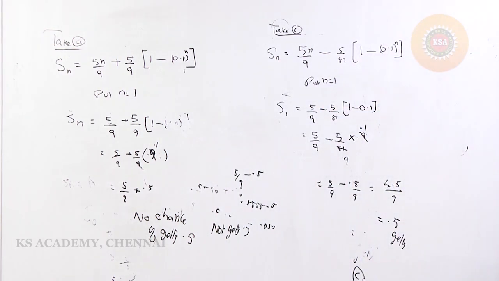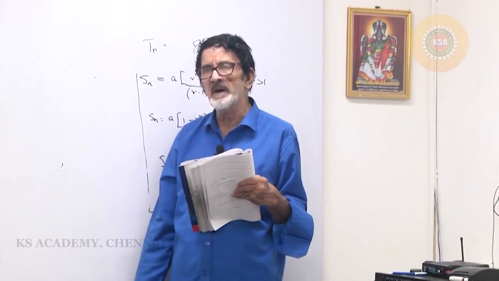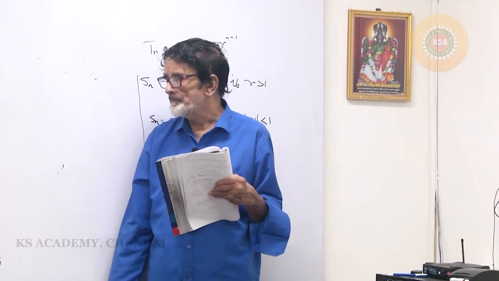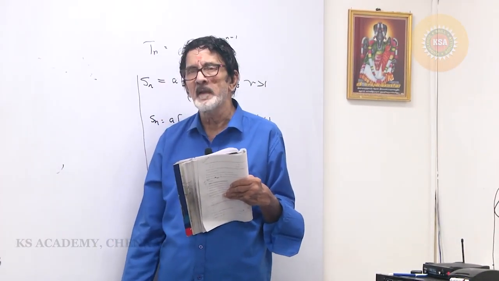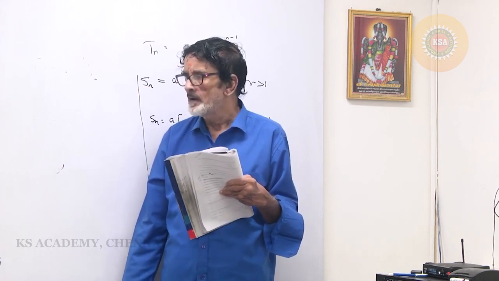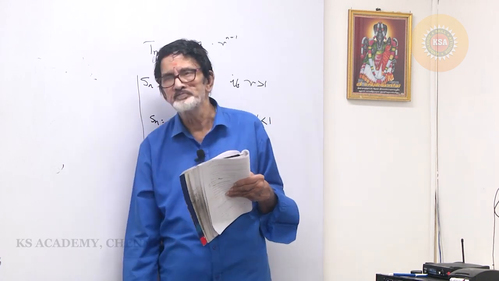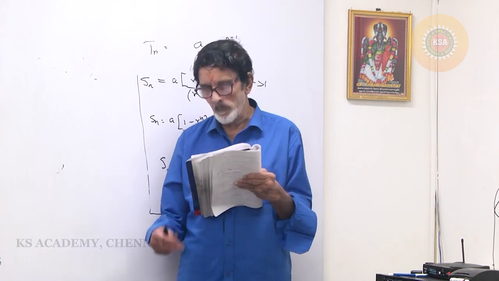Cancellation, I put 0.11, that is wrong. 0.9 and 9 cancellation, 0.1. Option A is 0.1. 5 by 9 plus 0.5, you will be getting more than 5 by 9 minus 0.5, not 5 you are getting. Option C is what you are getting.